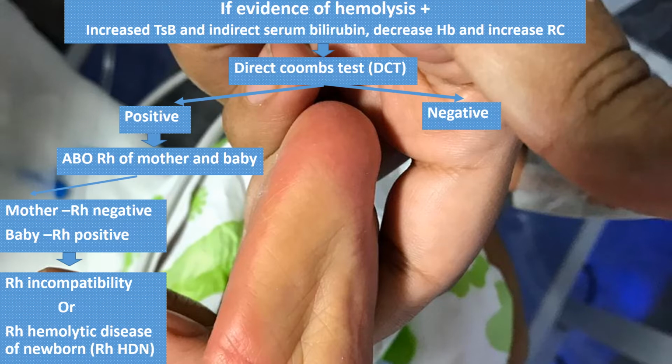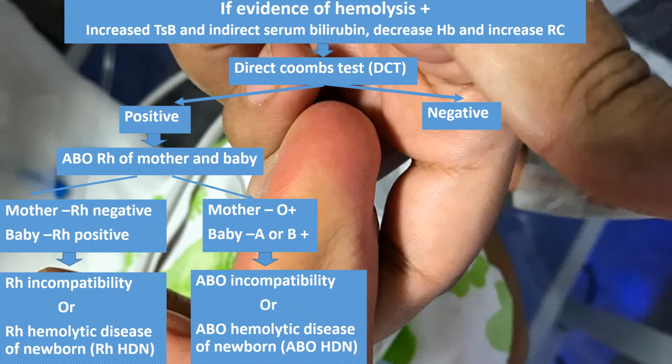It is generally seen in the second baby and onward. And if Rh is positive in both, but mother is O positive and baby is either A or B positive, then we label it as ABO incompatibility or ABO hemolytic disease of newborn.